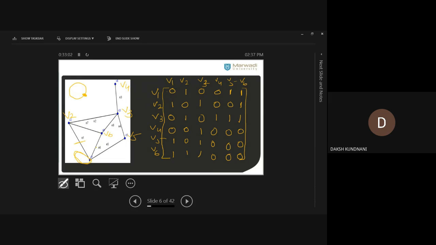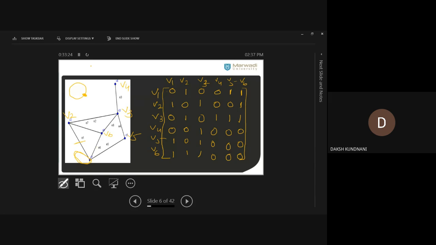Yes. Okay. So create one edge from starting to ending vertex, and that is known as a loop. If we check V1 and V1, there is no different vertex for the edge E1, so that is known as a loop.